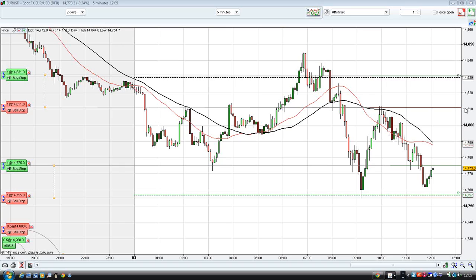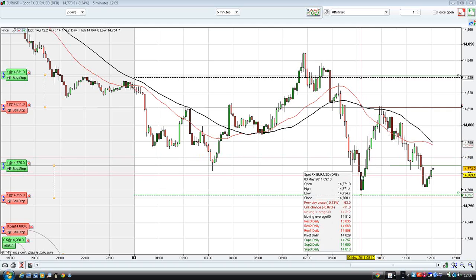Now, you spoke about putting an order at the first support. Now, the low, though, was at 14,754.7. That's the low that it made.